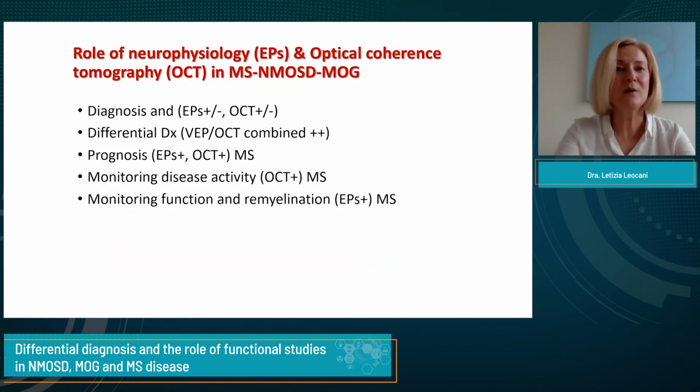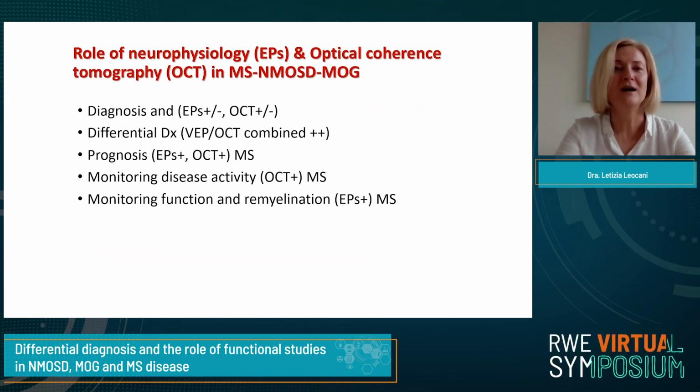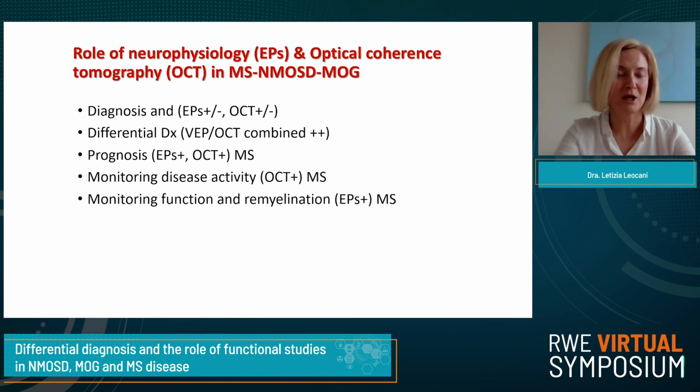So to conclude, we can consider that the combination of neurophysiology, mainly evoked potentials, and OCT can be of great help in the differential diagnosis between these three conditions, particularly if you want to differentiate between MS and NMOSD.